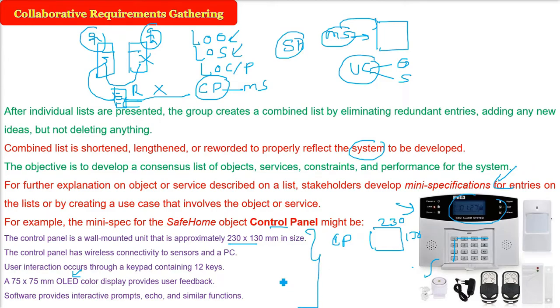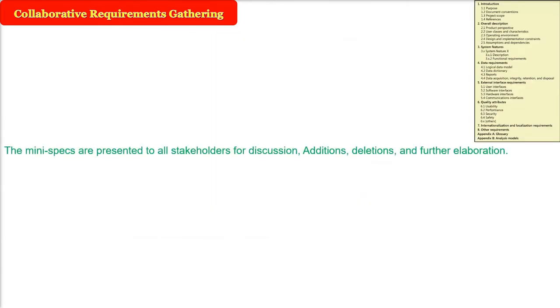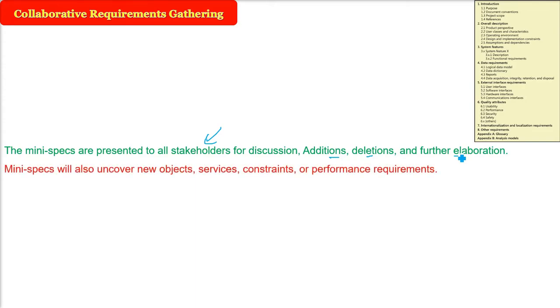In order to discuss more about a service or an object, this mini spec is again presented to all the stakeholders, in order to add certain things, remove certain things, and for further discussion, elaboration, and deliberation.